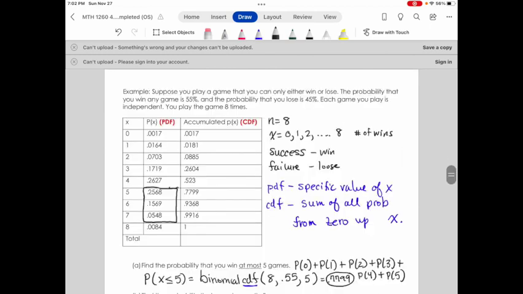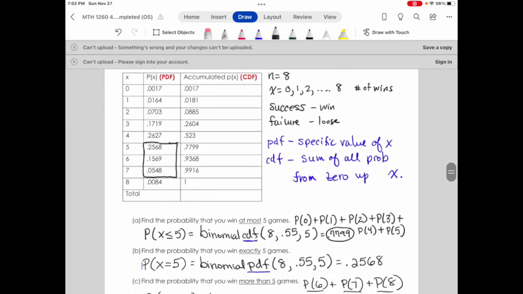However, if you have a lot of values that you don't want to worry about doing that, you could use the subtraction trick again. What you could do is find the CDF from 0 to 4, which would be this value. And then you could find the CDF from 0 to 7, which would be this value. And when you subtract, what you're going to have left over is the sum of these.